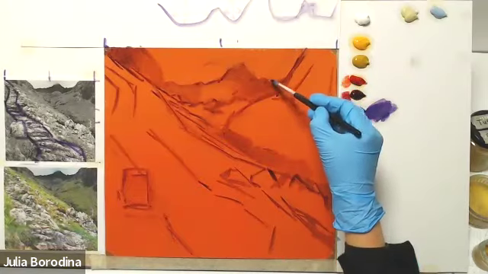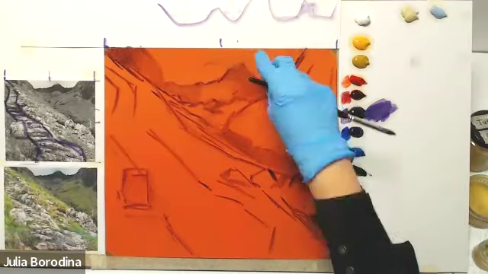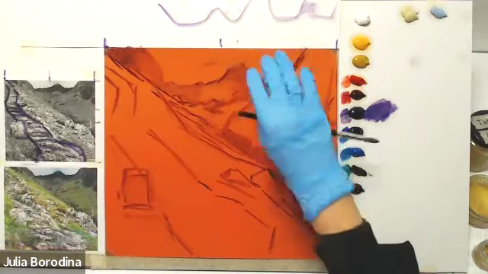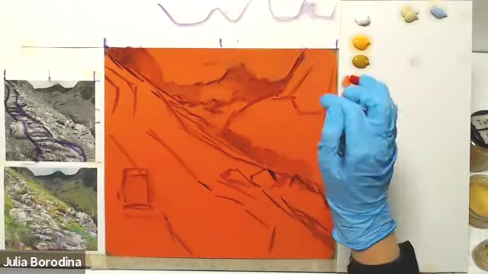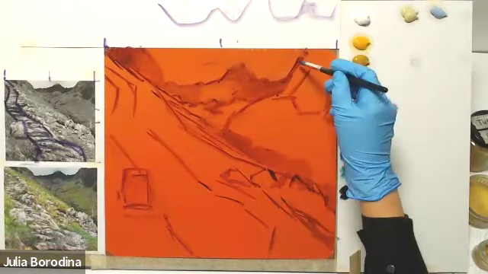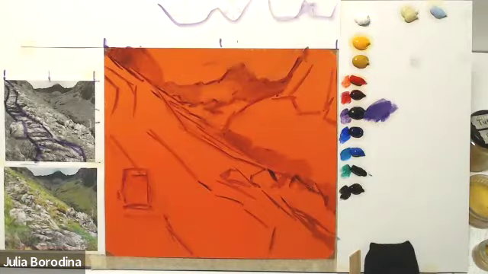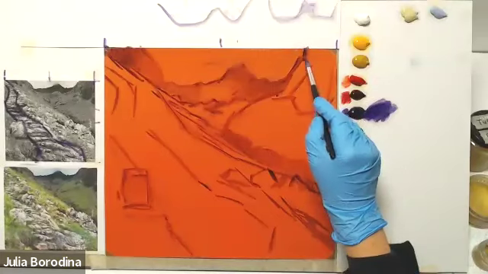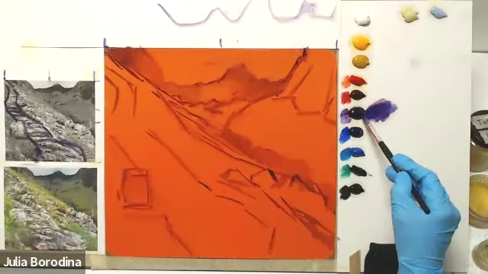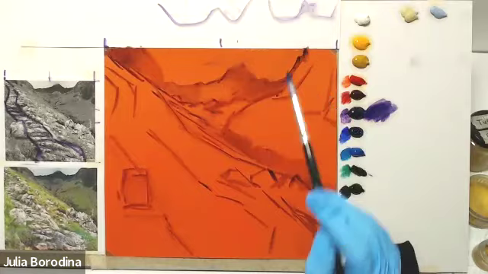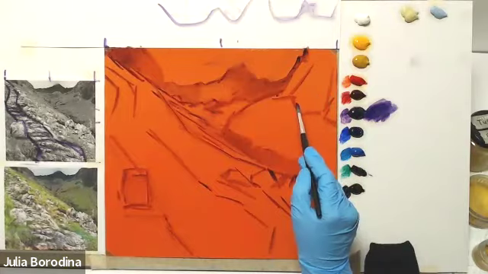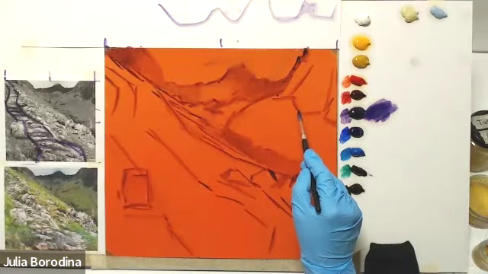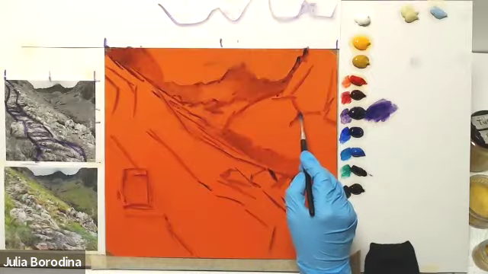Because I drop my sky lower, so I'll drop my mountain lower to have more sky. That mountain suddenly looks slightly taller than on the photo, which is fine again. Might have a little dent in here. And I'm also thinking of the slope.